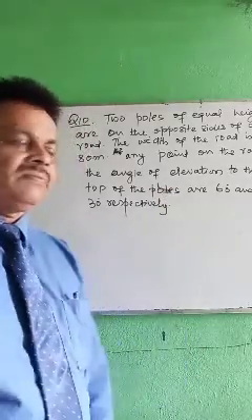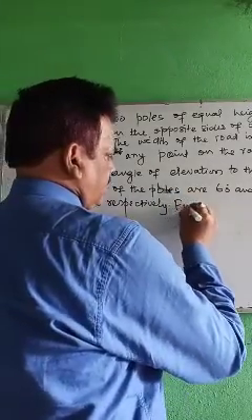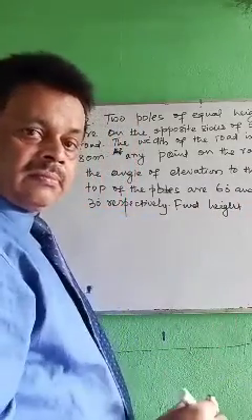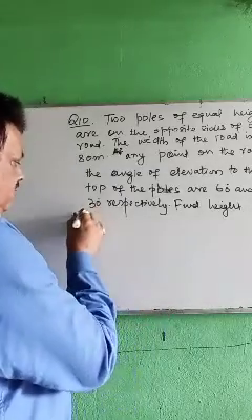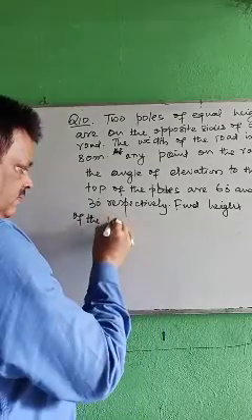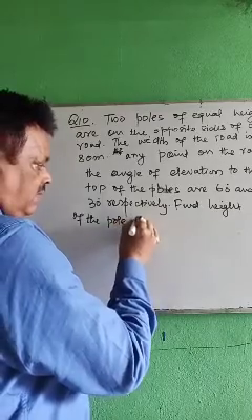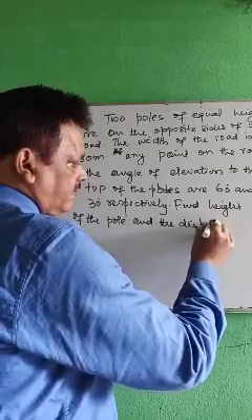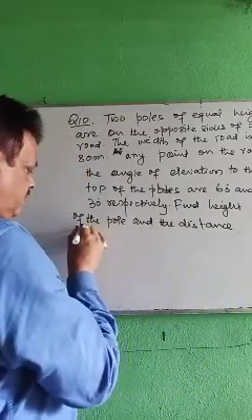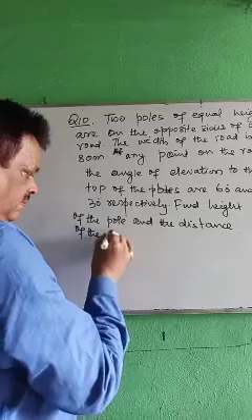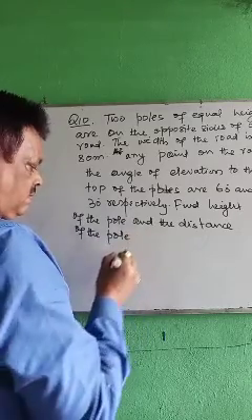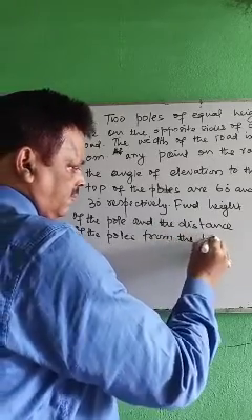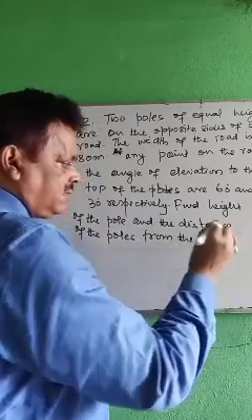Find the height of the pole and the distance of the poles from the point. Okay, this is our question.